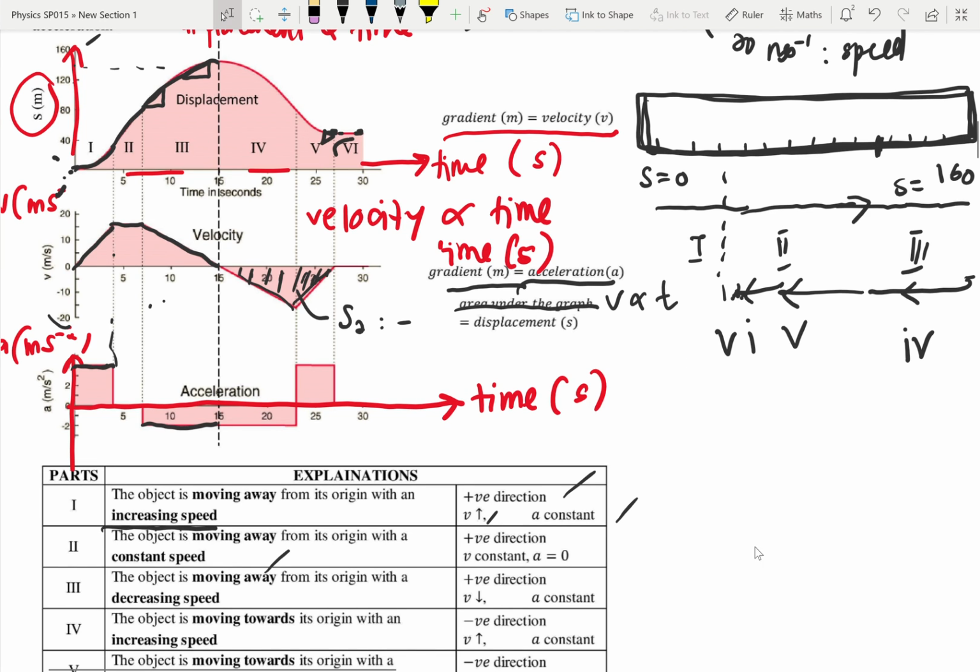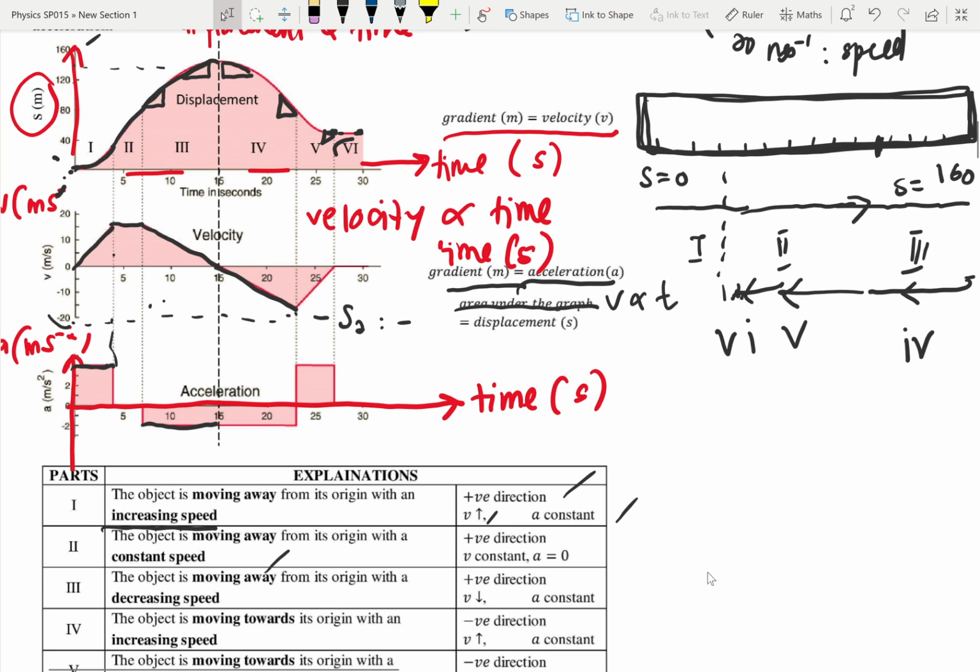And then for part 4, the gradient is increased. Look at the tangent, the slope is steeper, that means the gradient increases, so the speed also increases from 0 to 20.